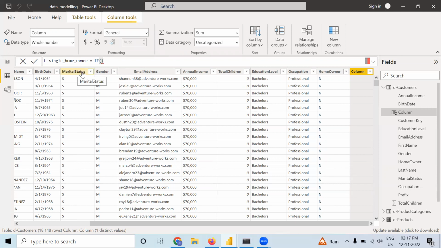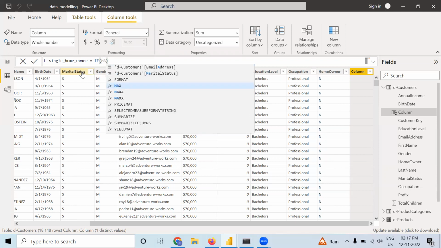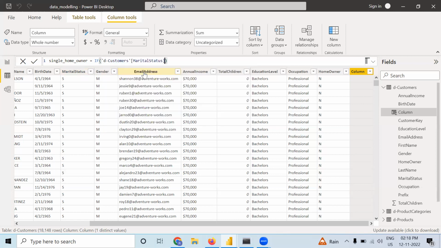First of all, I should take the column. Here you can see this is the table name and this is the column name. It appears just by typing MA. So you have to choose this one.